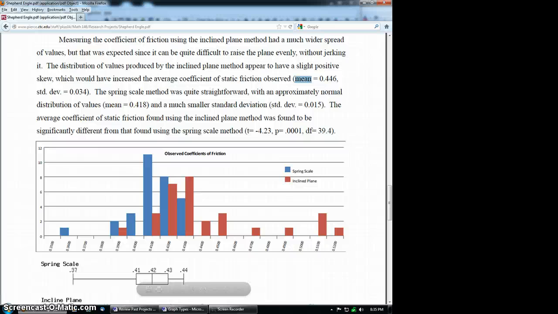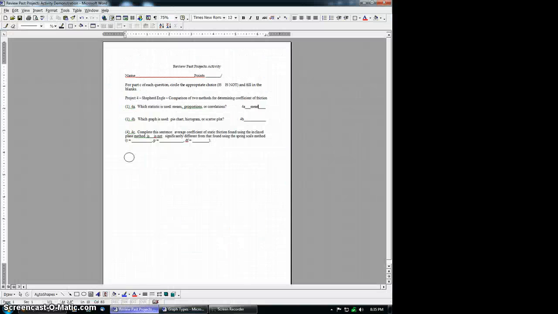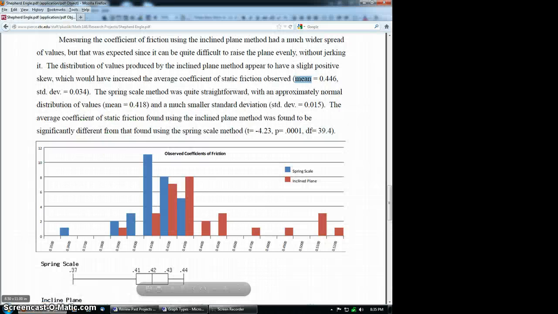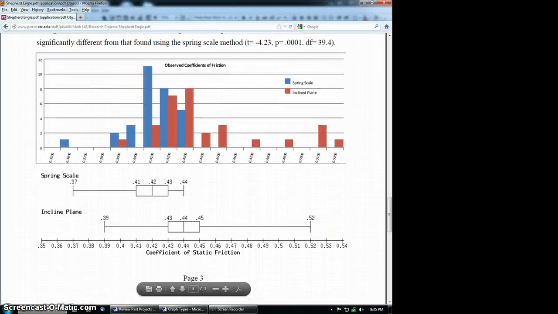So this is a histogram. So we'll type that here. Now also, although this isn't part of the question, this is what's called a box plot. And so it's just a different way to represent the data and draw a comparison.